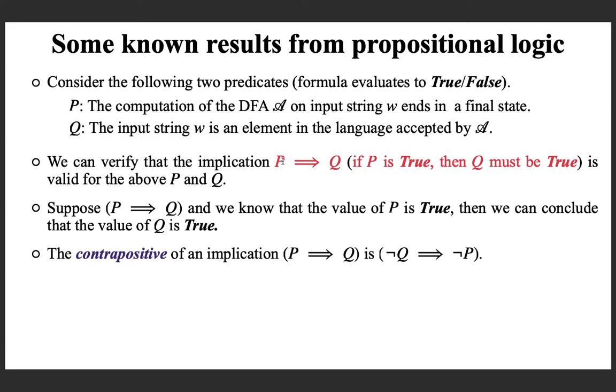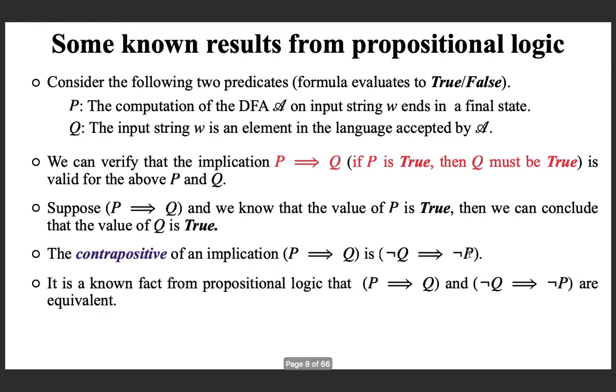Now look at the contrapositive of an implication. If P implies Q is an implication, then its contrapositive is negation Q implies negation P. This is the definition of the contrapositive: for P implies Q, the contrapositive is the negation of the RHS implies the negation of the LHS.